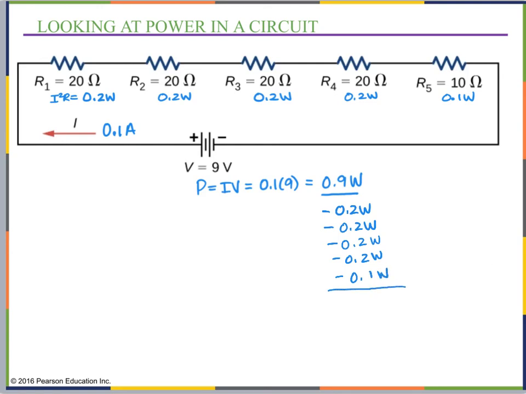And notice that if we add these all together, we get to 0, which is similar to the idea that we talked about with potential and potential energy: as we go through the circuit, there'll be gains and losses, but in the end, when we come back to where we begin, we'll be back at 0.